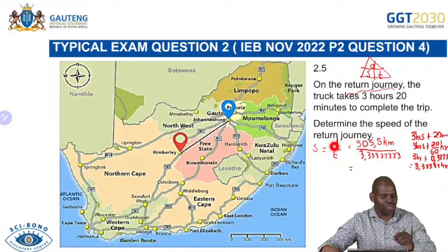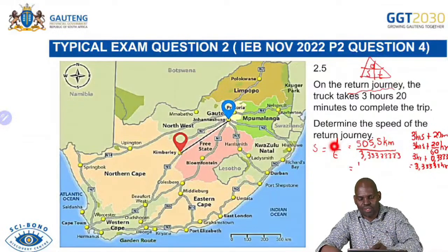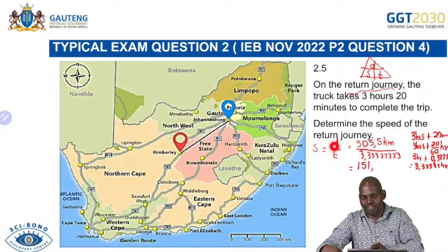And it gives me about 151.65. Then it's kilometers per hour.